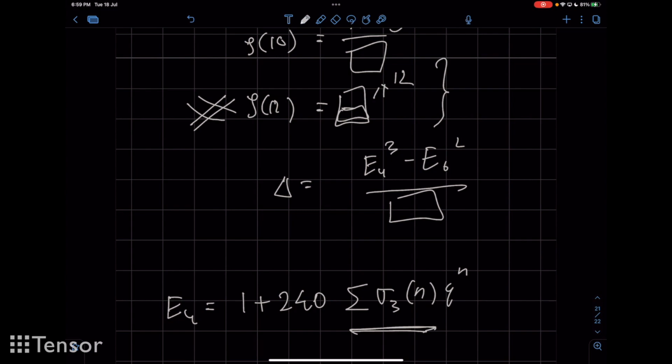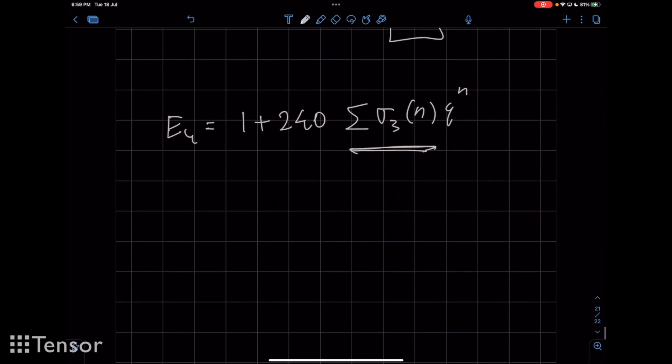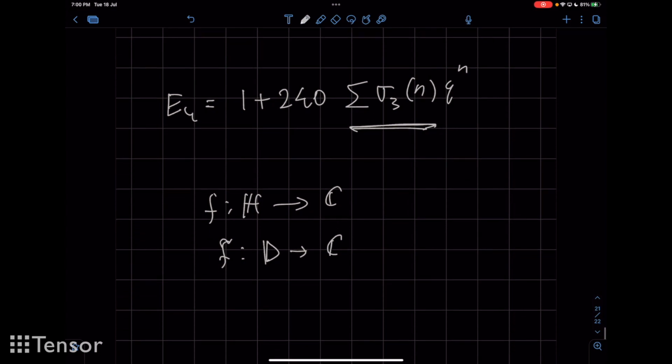So a modular form is a function on the upper half plane, and as we said earlier, we can define it as a function on the open unit disk. And if f is not a modular form but a meromorphic form, then we can no longer define f tilde at the origin. Then we have to define it in the punctured unit disk.